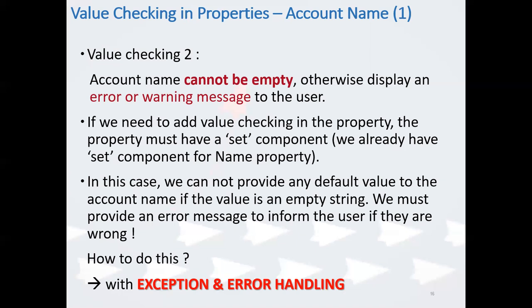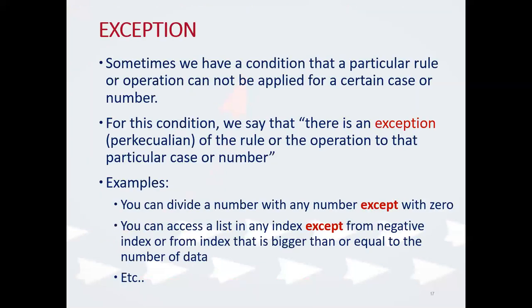How to do this? Because there's no default value, we cannot do the practice that we do on the cash and the points. For this, we need to have an exception. In other words, we need to raise an error. What is an exception? Exception in Indonesian is perkecualian.